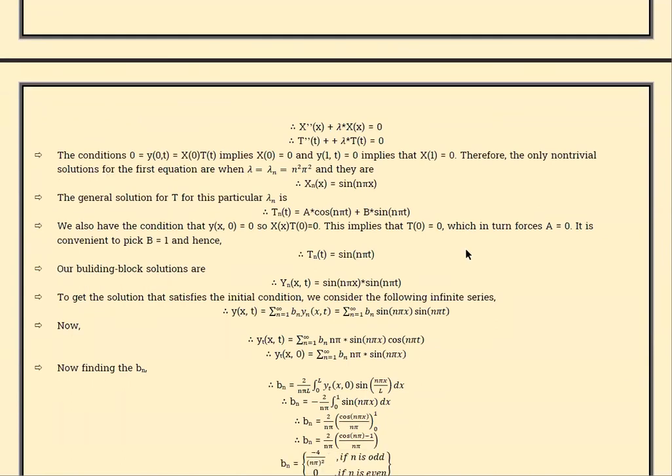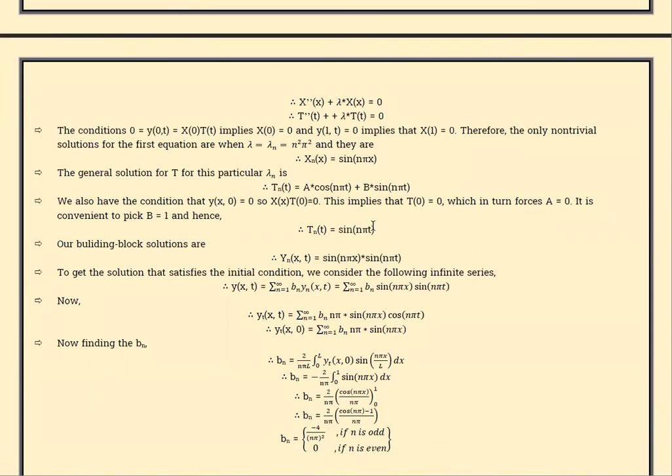And we are also given one condition, that y of x comma 0 is equal to 0. So X of x into T of 0 is equal to 0. That implies T of 0 is equal to 0. That turns out to make the value of a equal to 0, and for our convenience we pick the value of b equal to 1. So we get Tn of t equal to sine of n pi t.